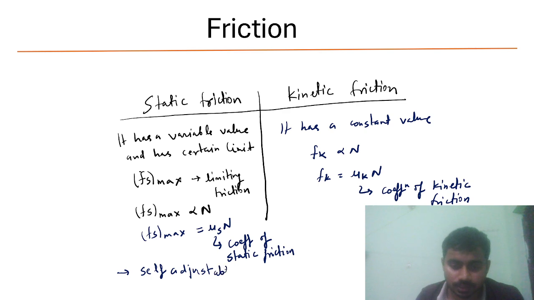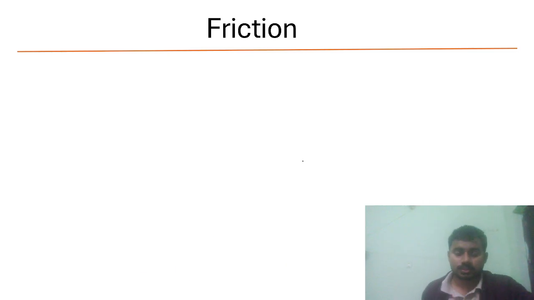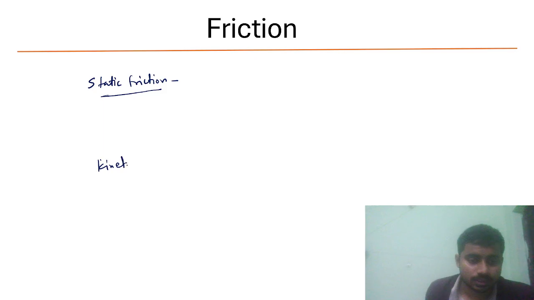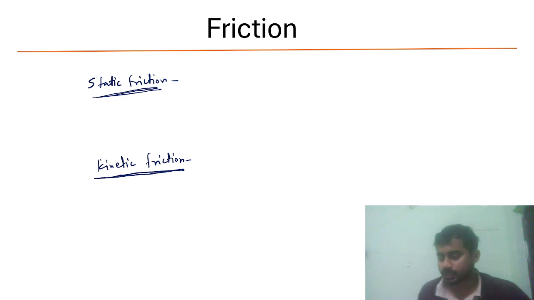Now let's see the definition of static friction and kinetic friction, when static friction is acting and when kinetic friction is acting. A one line definition will tell us when each is acting.